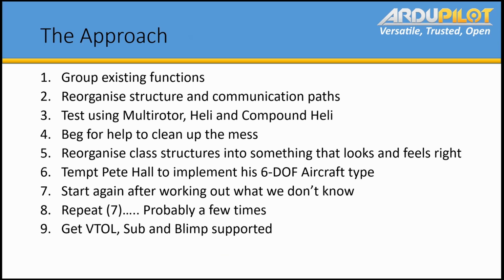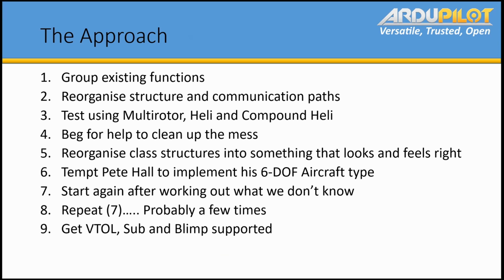Our first approach, and Bill and I are a little way down this. First thing is to group these existing functions and their relationships between them. We've reorganized the structure and communication paths, and currently we've just got a vehicle-specific extension of the position controller modes that handles everything below the velocity controller output. So angle boost and the throttle control has moved into there from the attitude controller.